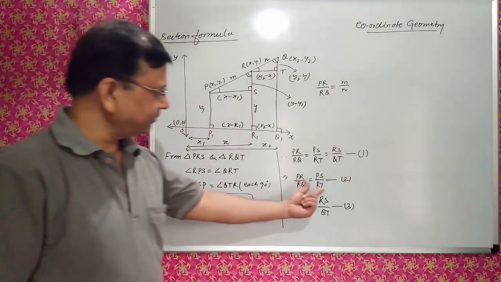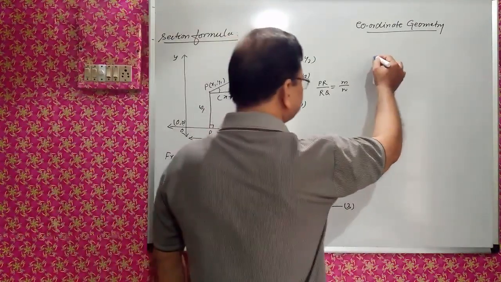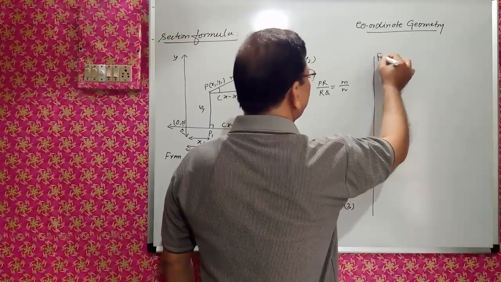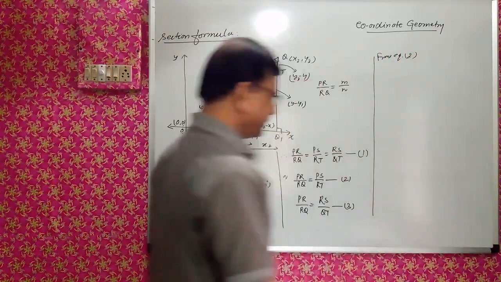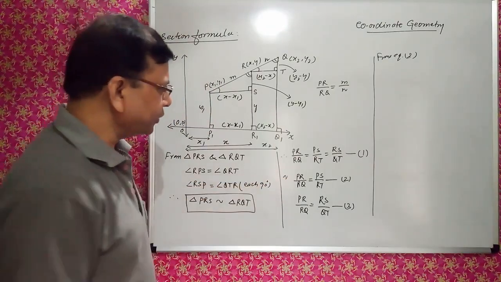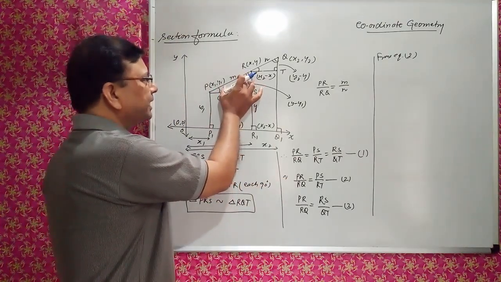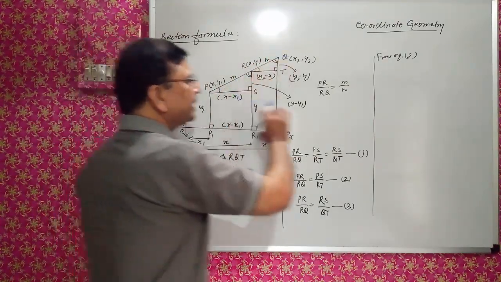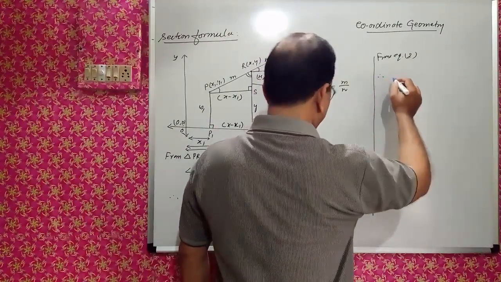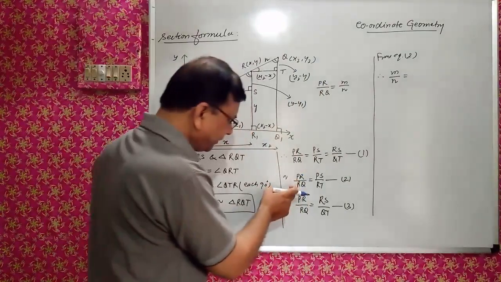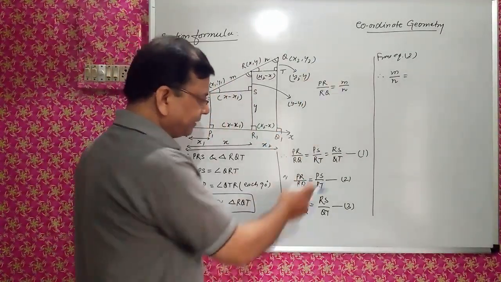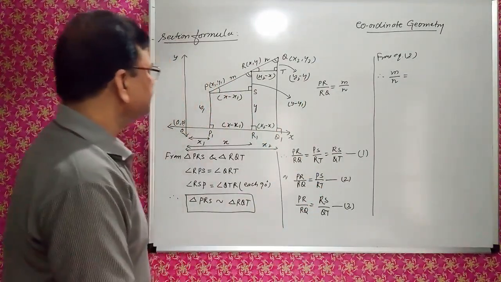Right? So from equation 2, PR upon RQ. What is PR? PR is m, RQ is n. So therefore m by n I will write. PR upon RQ is m by n. PS upon RT. What is PS?